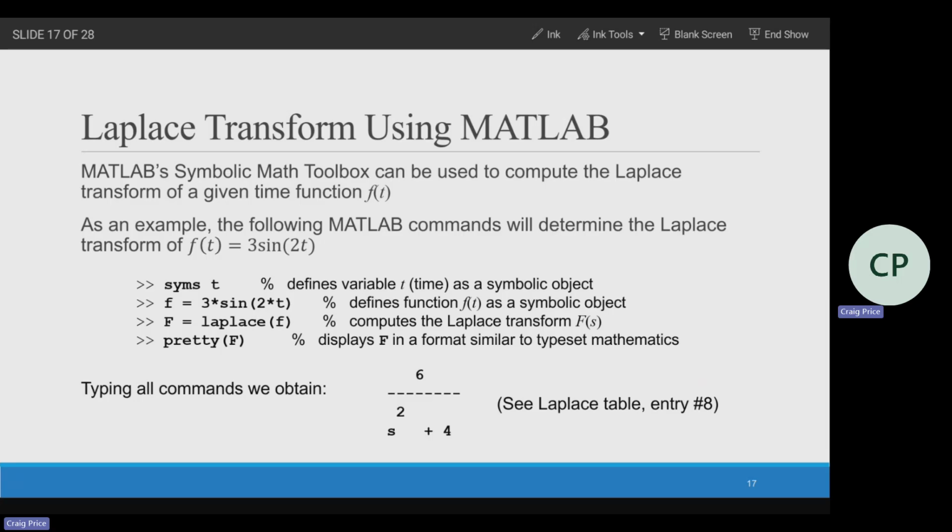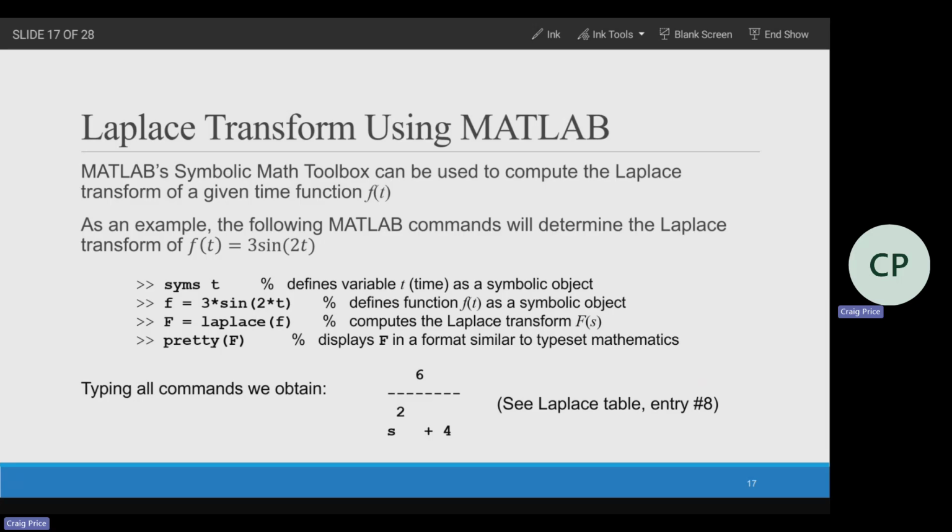We've done some of the things like how to set up an SSR, transfer function, stuff like that. This is down a ways down on that Word document. But it's very easy to do a Laplace transform in MATLAB. So it uses the symbolic math toolbox. If you don't have that, that would be an add-on that you would need.